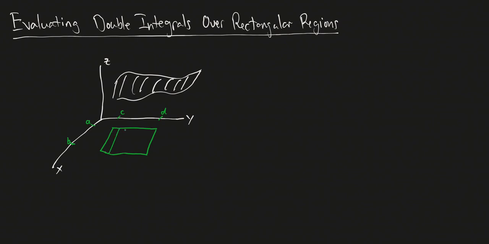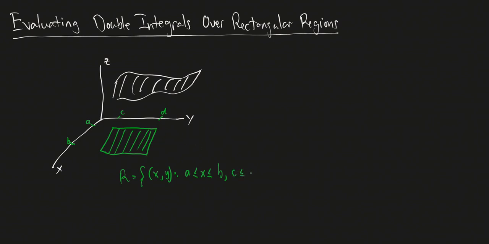So our rectangular region is defined by, and here are a couple ways that we're going to denote this rectangular region. So we could say that R is the set of all ordered pairs where x can be any number from a to b, and y can be any number from c to d.